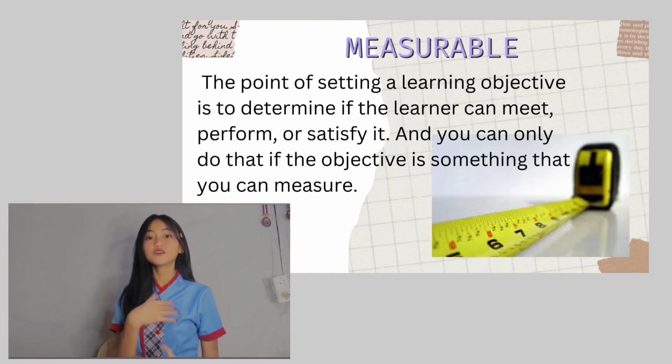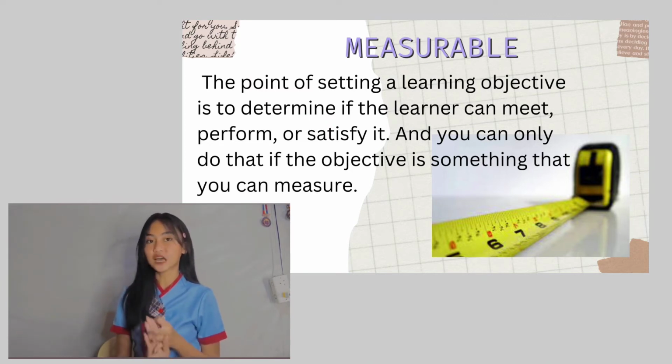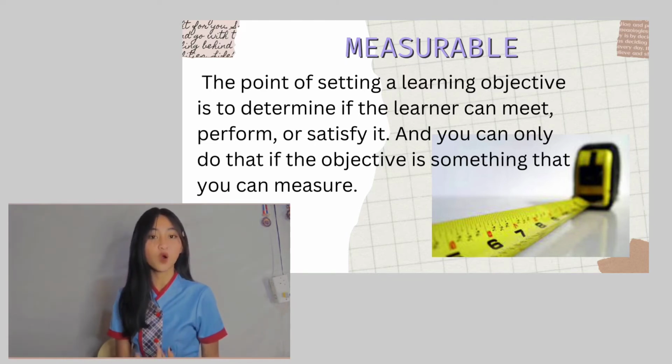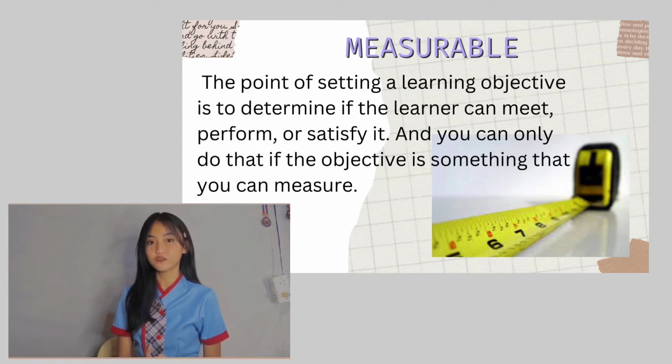Measurable. The point of setting a learning objective is to determine if the learner can meet, perform, or satisfy it. And you can only do that if the objective is something that you can measure. That means first, it must be an action that you can observe. This is where the common mistake of using words like know or understand, which are not actions that can objectively be observed.